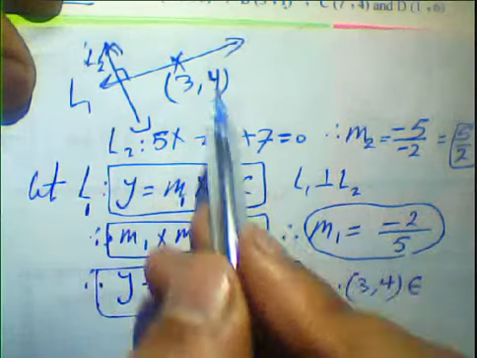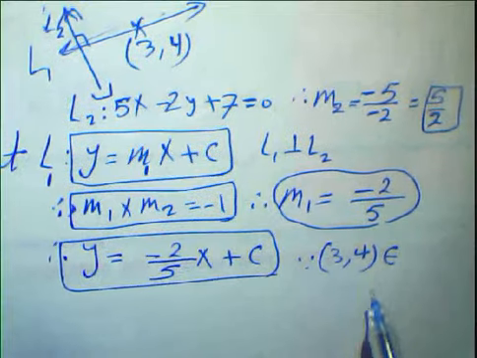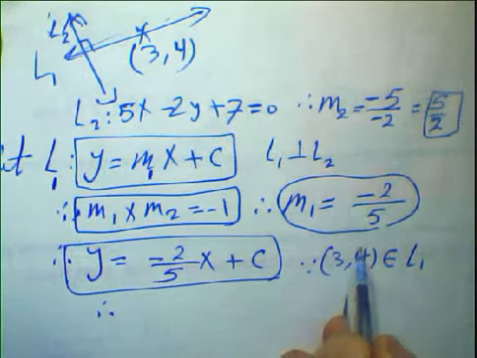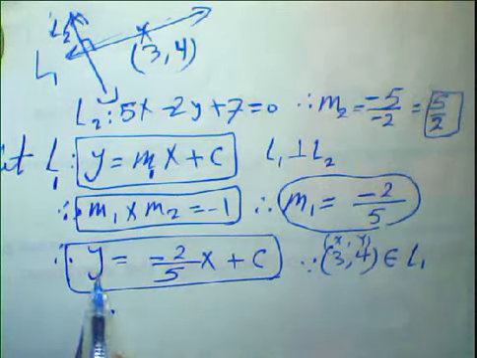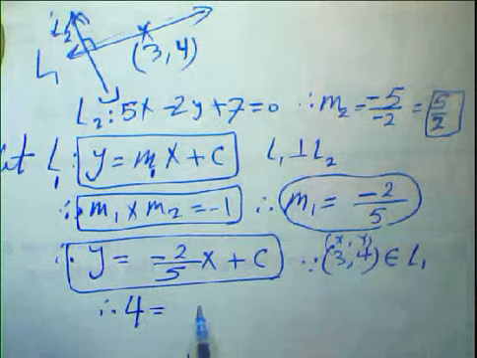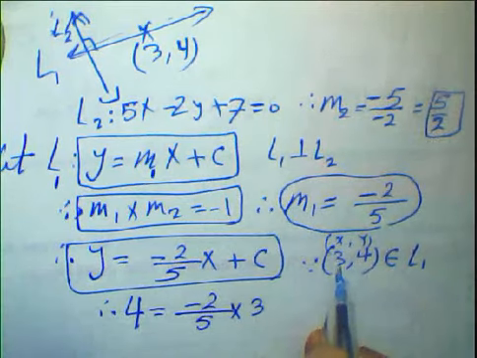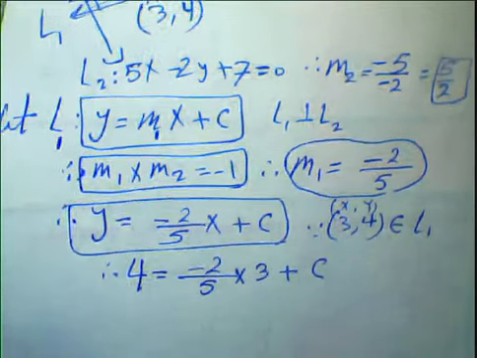This point belongs to straight line L1, so such that 3 and 4 belong to straight line L1, then we can put x equals 3 and y equal 4. We can cancel y here and write 4 equal negative 2 over 5 multiply x equal 3 because x was 3 plus constant. And then we can simplify it.